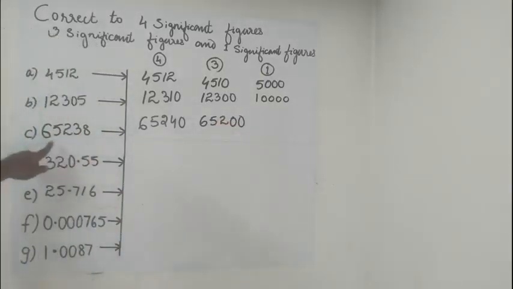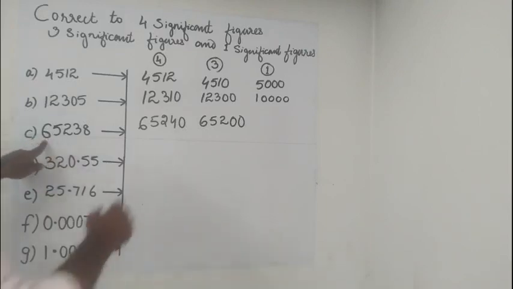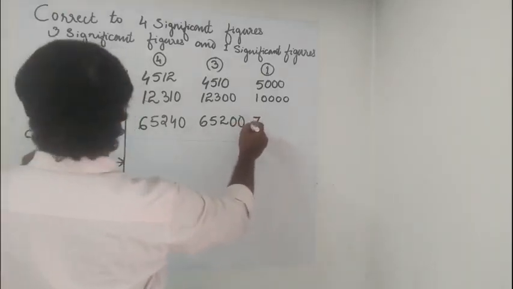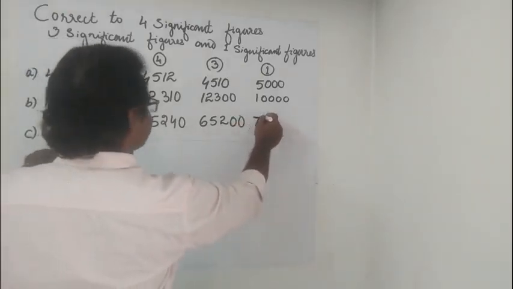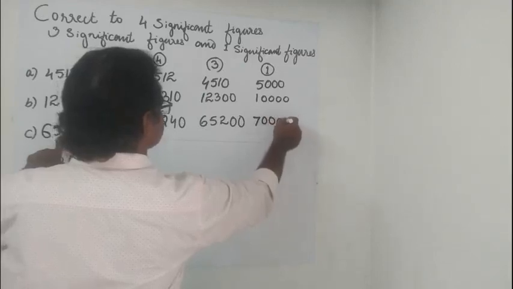Next, one significant figure, that is 6. After 6, that is 5, 5 or greater than 5. So we have to add 1 to this number. So you put 7, after 7 you put 4 zeros.